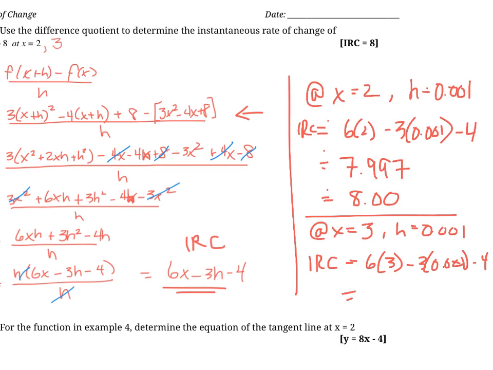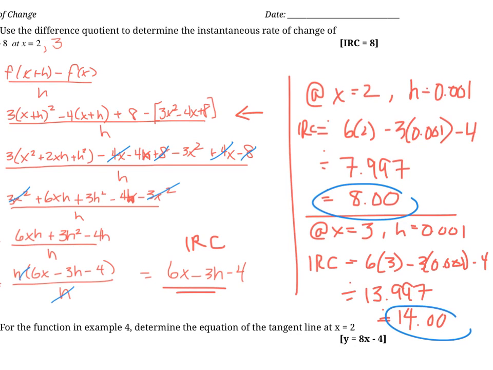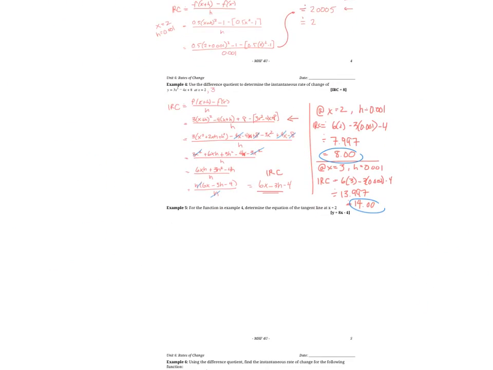But what we get is 13.997, which is approximately equal to 14.00. They won't always come out to nice numbers like this. It just so happens in this question that it does. Okay, so there we go. We found two different instantaneous rates of change of a function by simplifying the difference quotient.